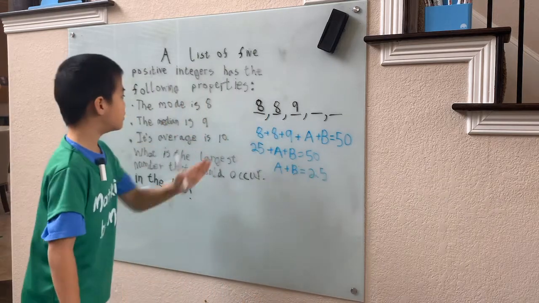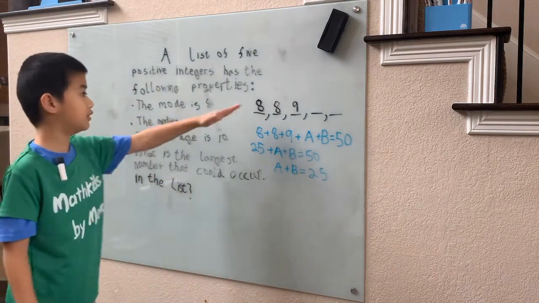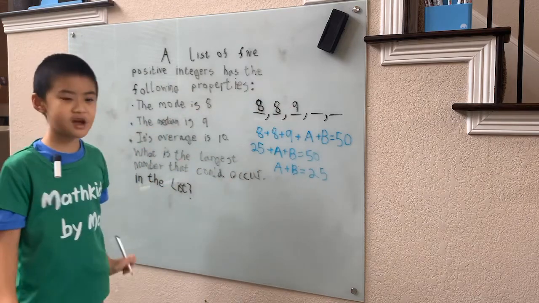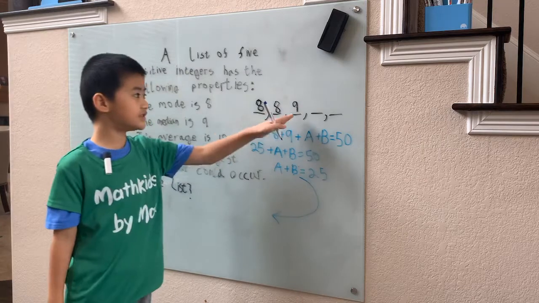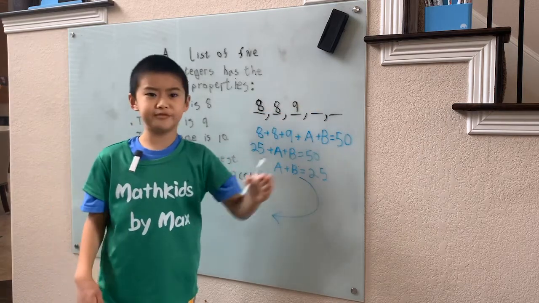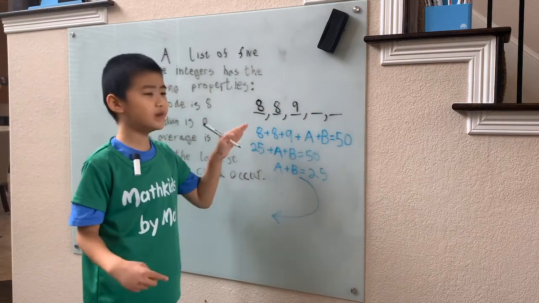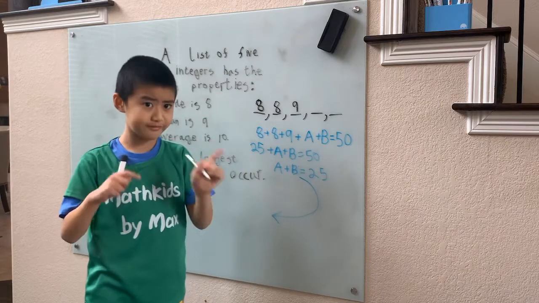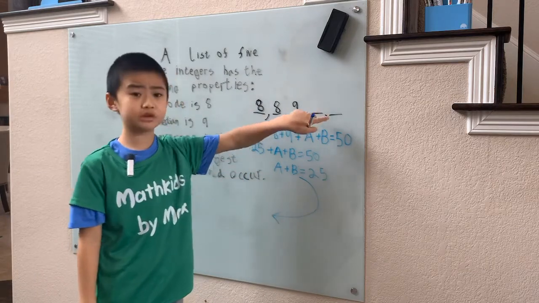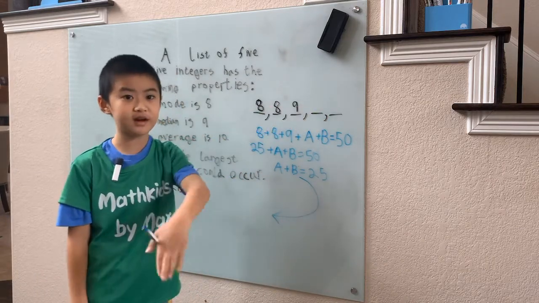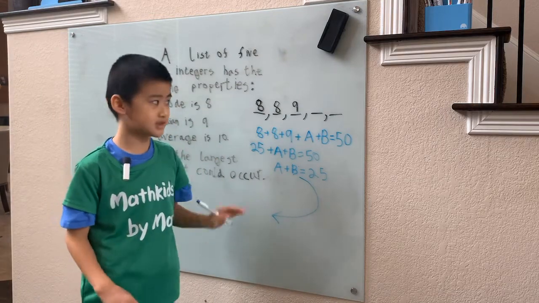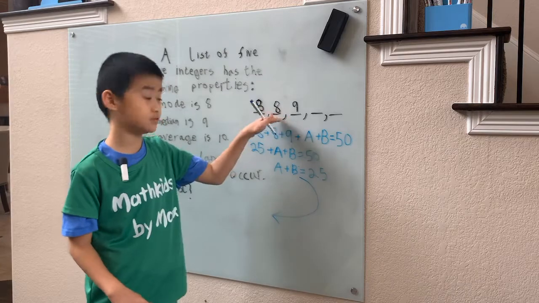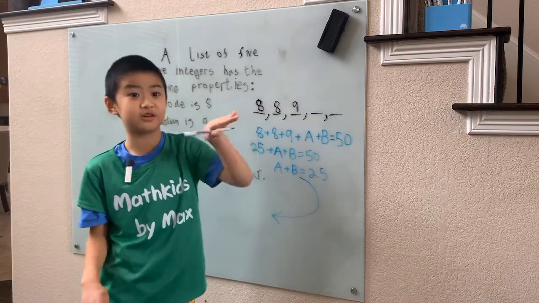Now we can come back to our median. The median is 9. Since these 2 numbers are at the right of 9, and since we wrote these in increasing order, very important, these 2 are the only numbers greater than 9. They can't equal 9, and they cannot be smaller than 9, again since it's in increasing order.